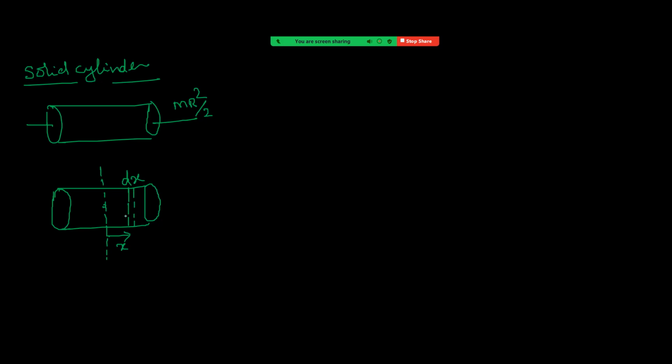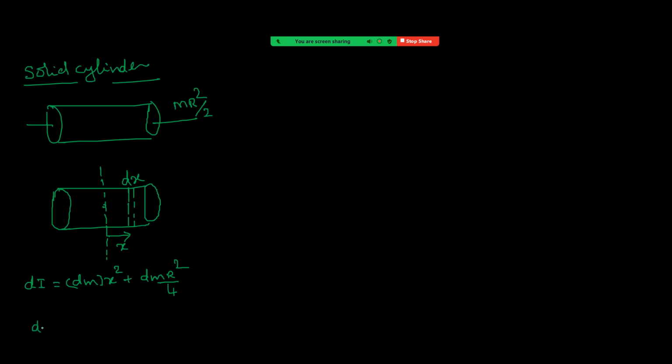Now for this we are taking the parallel axis theorem. This is parallel to its diameter, right? Therefore, dI is equal to dm into x square plus dm into, about diameter for a disk, it is mr square by 4, right?